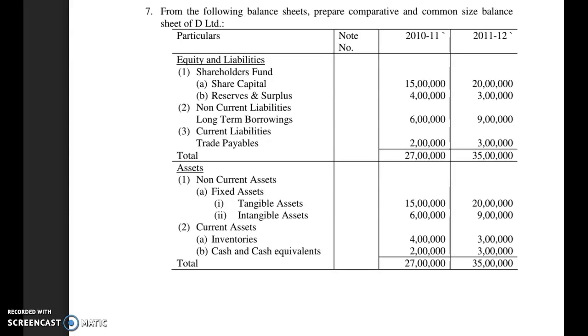Just understand one question, and later on you will be in a position to automatically solve all other problems. See here, you have to prepare a comparative balance sheet from the following figures. You have been given the information of the balance sheet of two different years.